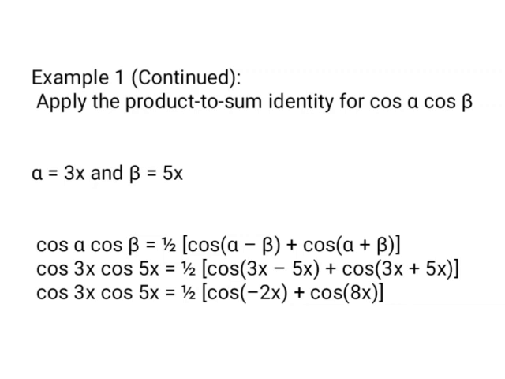So cosine 3x cosine 5x is equal to 1/2 cosine of the quantity 3x minus 5x plus cosine of the quantity 3x plus 5x. Cosine 3x cosine 5x is equal to 1/2 cos of the quantity negative 2x plus cosine of 8x.